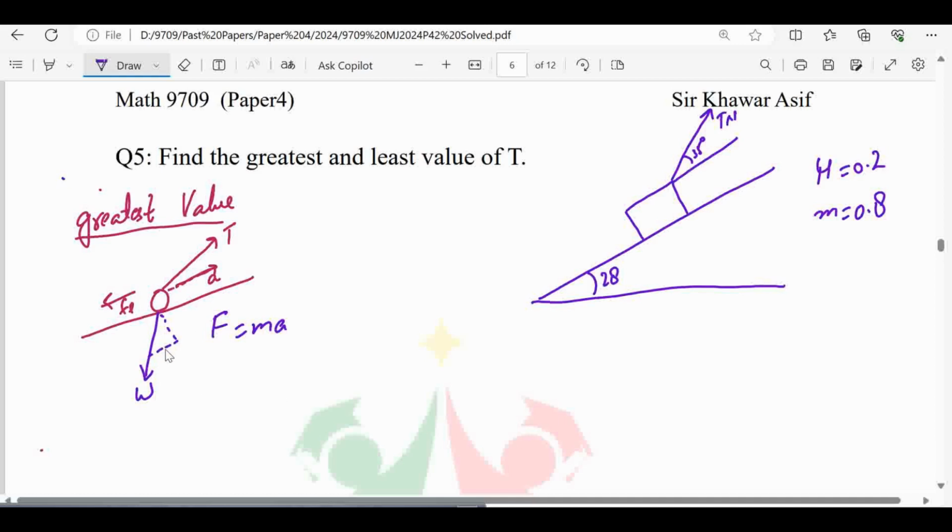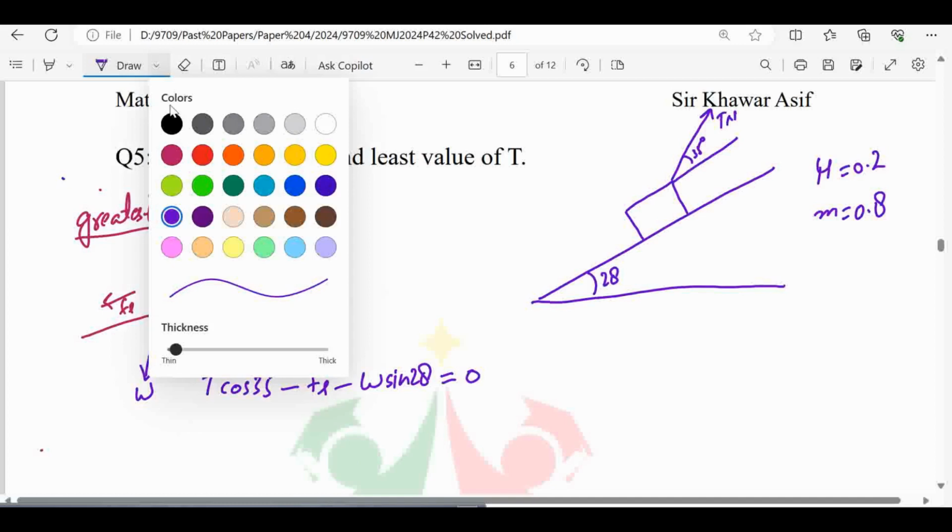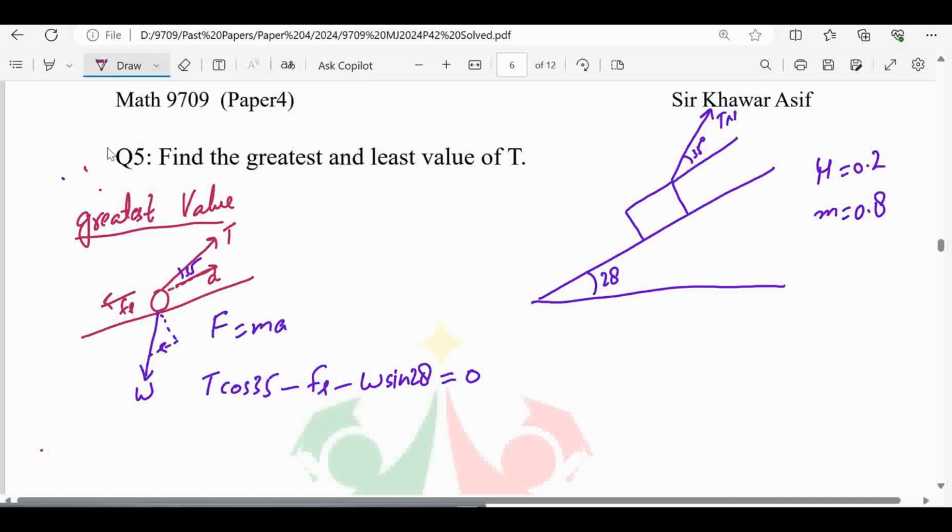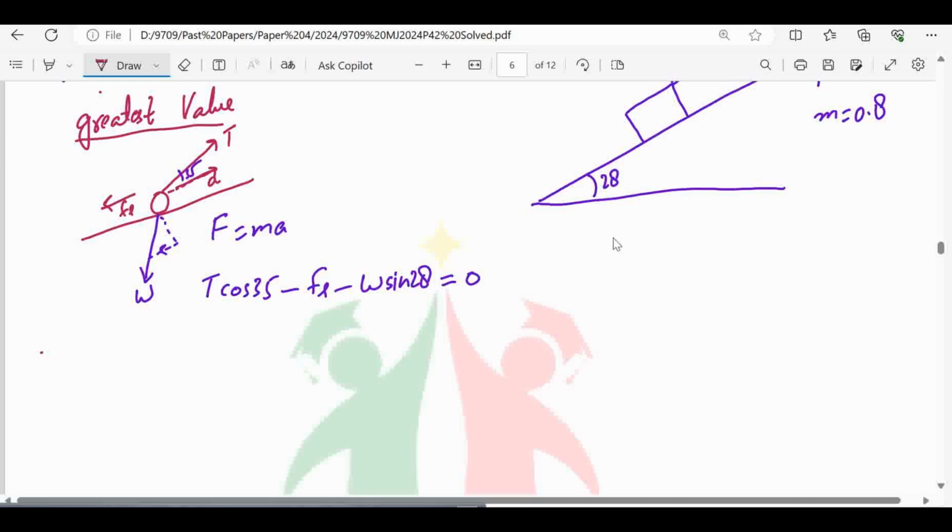Forward forces will be the component of T. Here this one is 35, so T cos of 35, minus frictional force, minus W sine of 28, because this one is the perpendicular component, will be equal to 0, because the particle is about to move, which means it is in limiting equilibrium, and it means that the acceleration will be 0. That is why we can simplify it here.